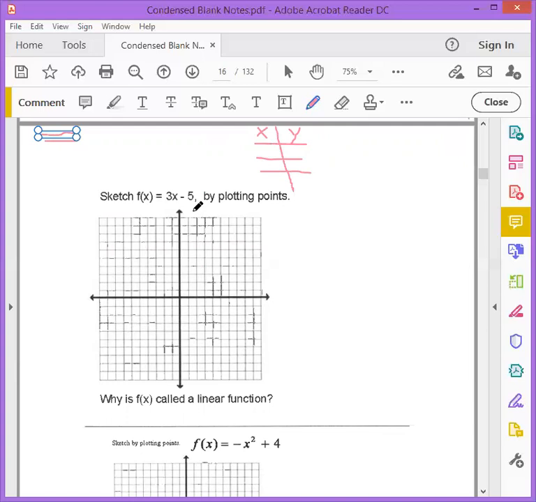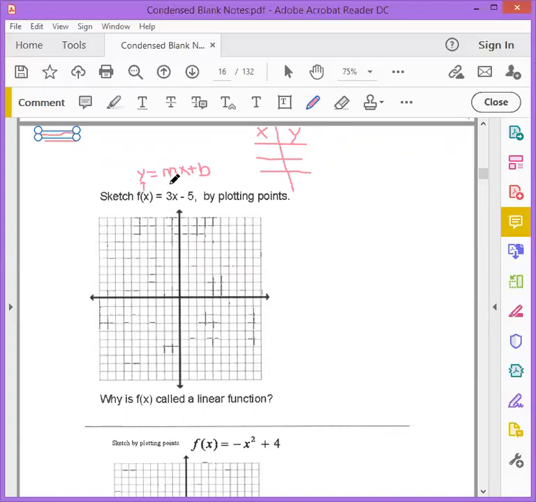Whenever you see a function that's written in slope-intercept form, y equals mx plus b, we say this is written in slope-intercept form because f of x is the same thing as y, and it's by itself on the left side of the equation. On the right, we have some number times x, and then we're adding or subtracting the y-intercept.